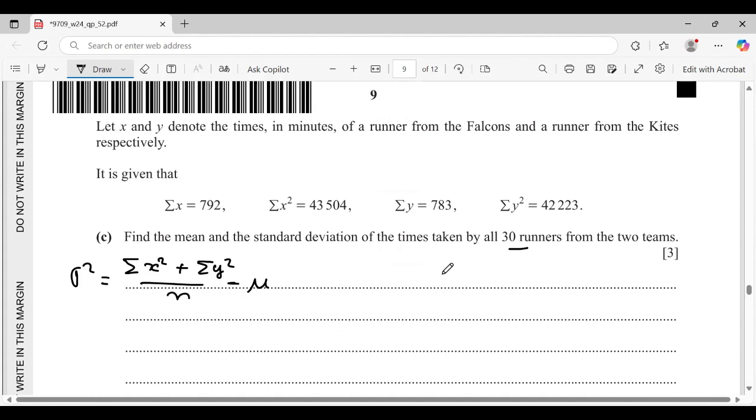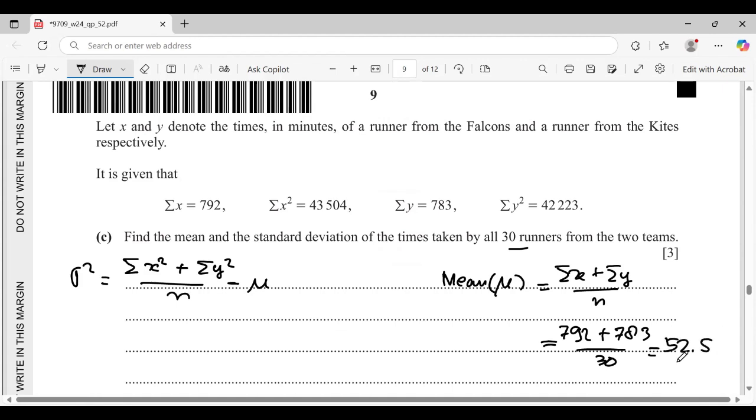Mean or mu equals sigma x plus sigma y divided by n. It is 792 plus 783 divided by 30, and the result is 52.5. So this is mean or mu.